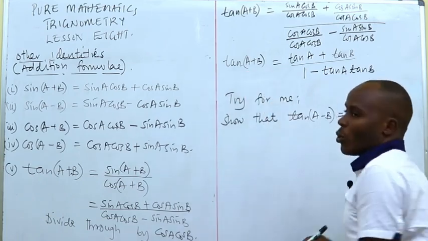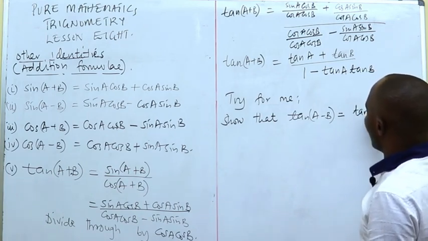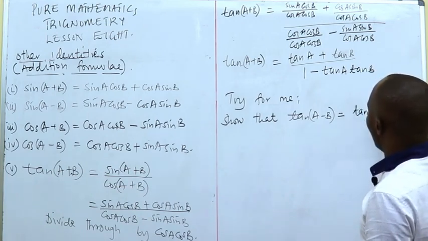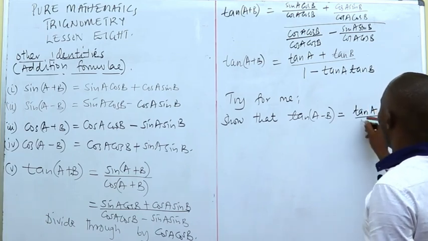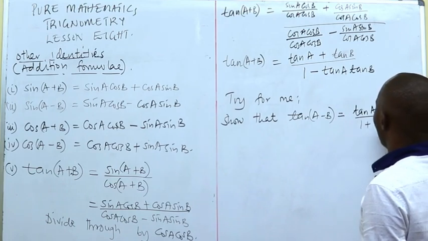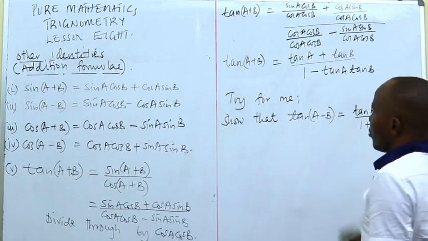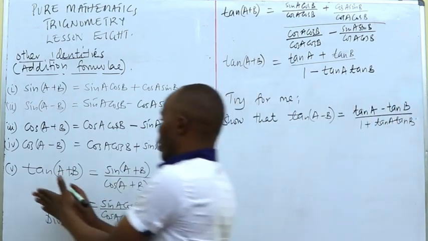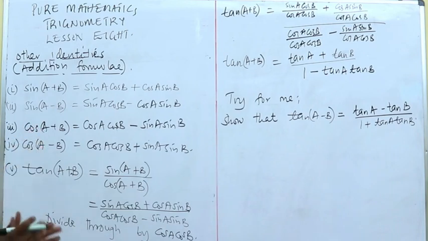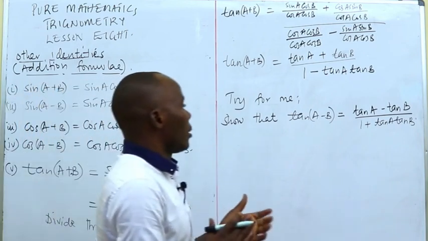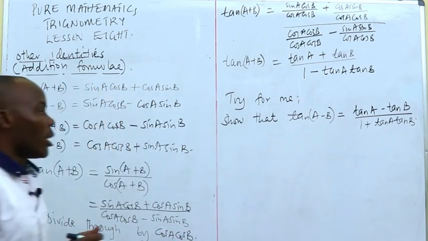I want you to show me that it is equal to tan A minus tan B over 1 plus tan A tan B. Base on this and prove for me that one there, okay?